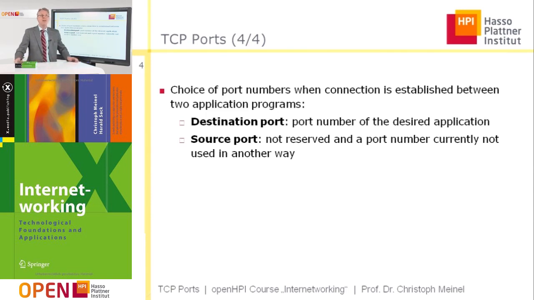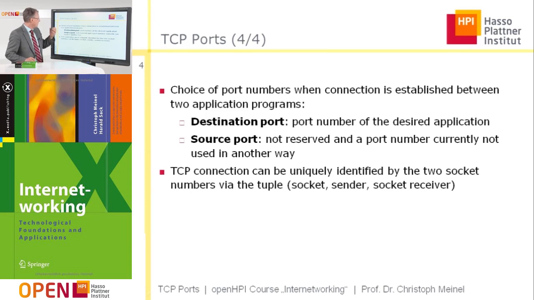Typically, a port number is chosen that is not used already, so the next but one is used. So the destination port is fixed and assigned to the port number of the desired application, and the source port can be used freely. The only need is that it is currently not used by another communication.